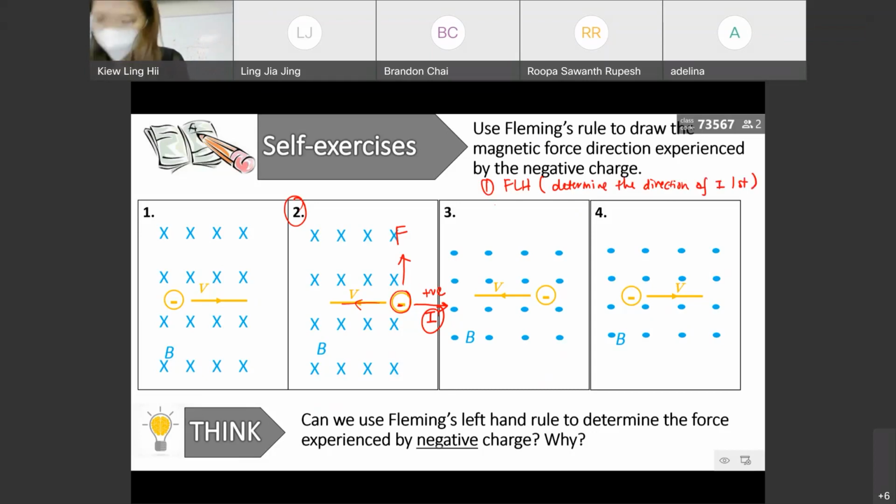Or the second method: instead of using the left hand, you can straight away use the right hand for a negative charge. Let's try with the right hand for question 2. B going into the screen, the direction of movement is to the left. Where does your thumb show? It is going upwards as well. So instead of the left hand, use the right hand. Both hands are your best friend.